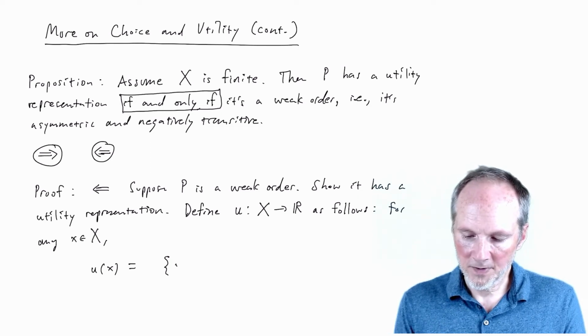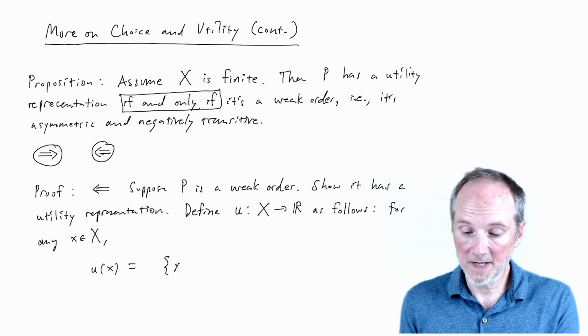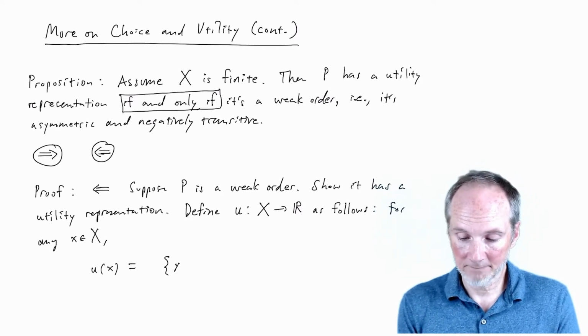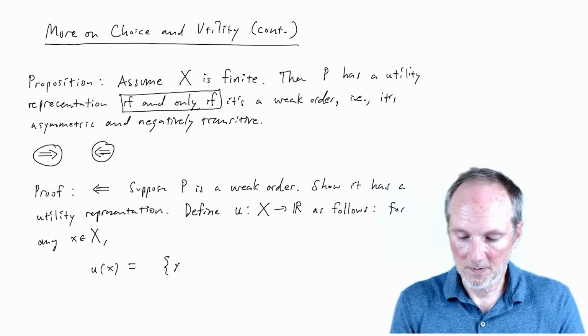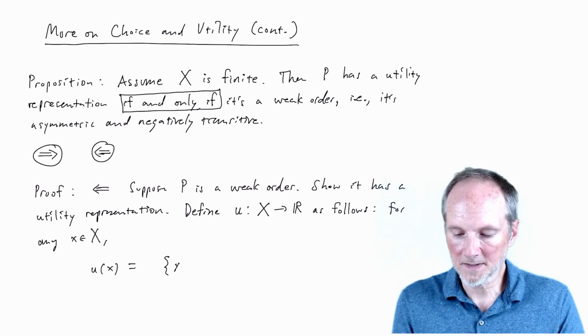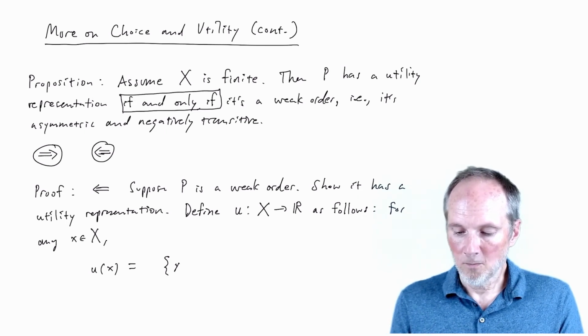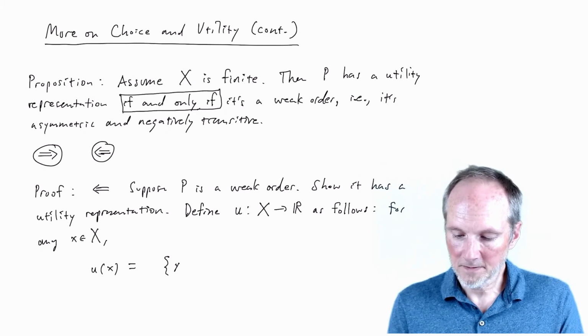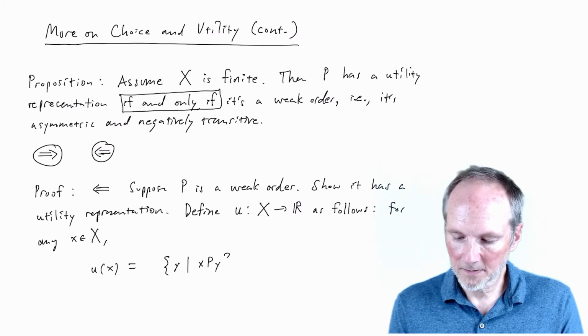For a generic alternative here, I'll call it y. I don't want to use x because I'm already using x. Here I'm taking an alternative x. Now I'm going to form the set of y alternatives such that y is worse than x.